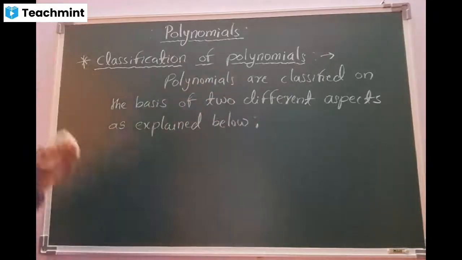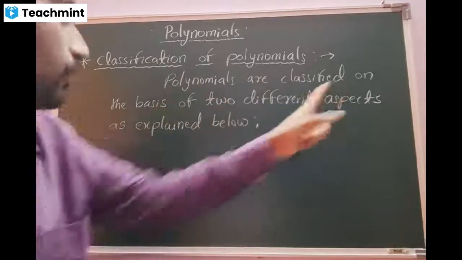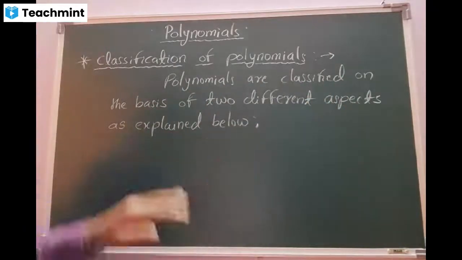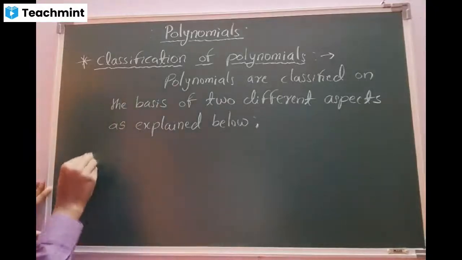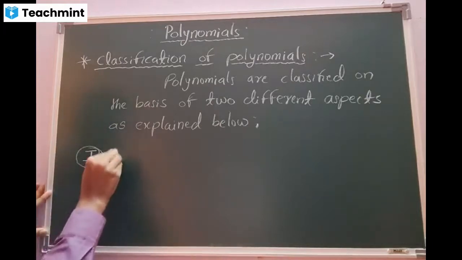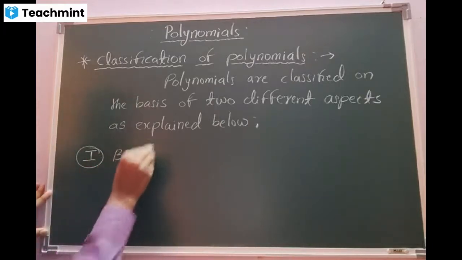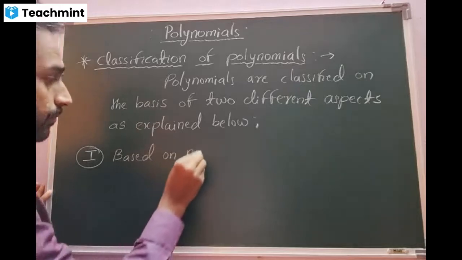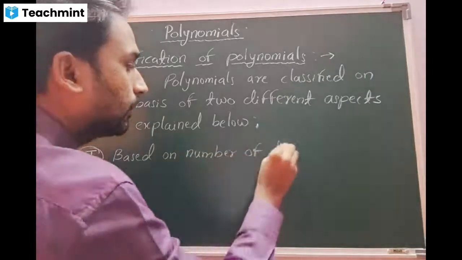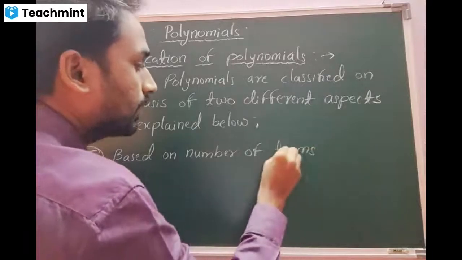Students, copy this sentence. Polynomials are classified on the basis of two different aspects as explained below. Now write the side heading, beta. Roman letter 1. Make a circle. Roman letter 1. Based on number of terms. Is that clear?